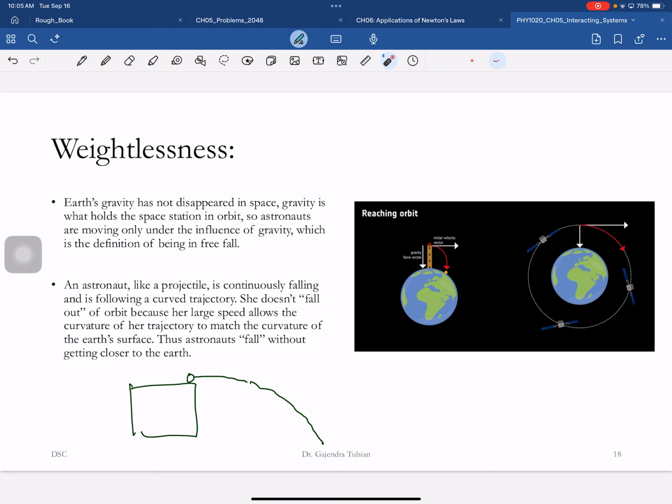She doesn't fall out of orbit because her large speed allows the curvature of her trajectory to match the curvature of the Earth. So astronauts inside the space station, what is the only force acting on them? Gravity. They're in free fall, and so they feel weightless.